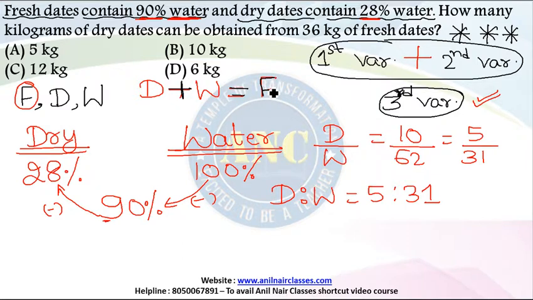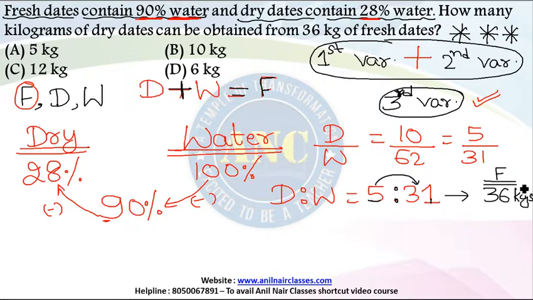That means according to the ratio, 5 kgs of dry dates is present and 31 liters of water is present. If I combine these two, totally 36 kgs of fresh dates is present according to the ratio.